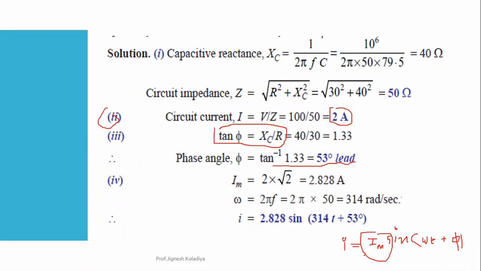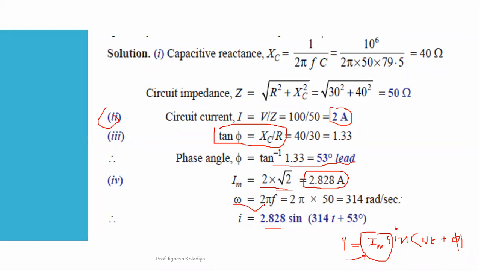Okay, and here in order to find the instantaneous value of current, we require the maximum value of current, and we know the relation between maximum value and RMS value, that is Vrms is equal to Vm by root 2. So I have to just multiply the obtained value of current with root 2. And that's why I'm getting 2.828 ampere.